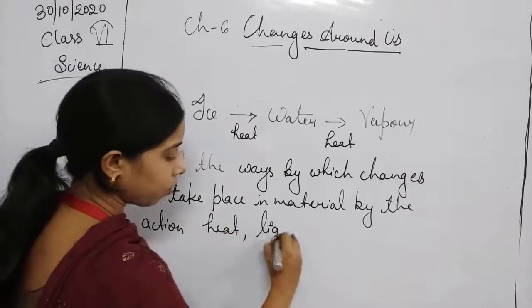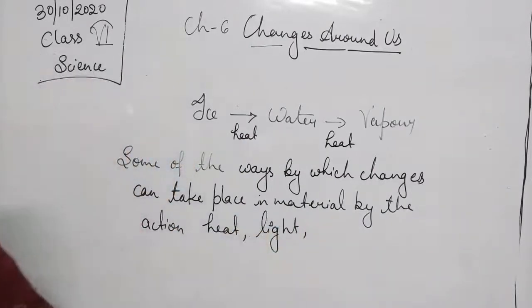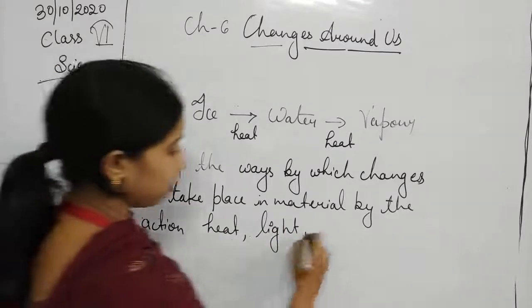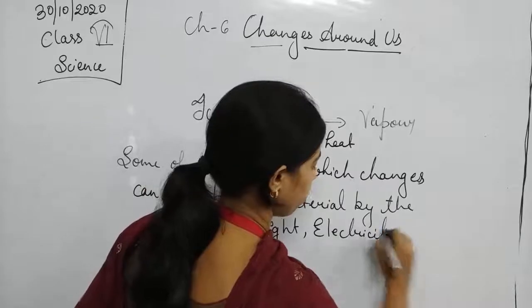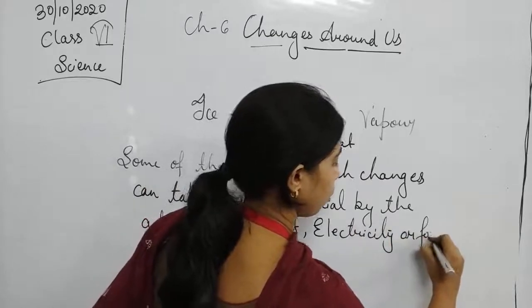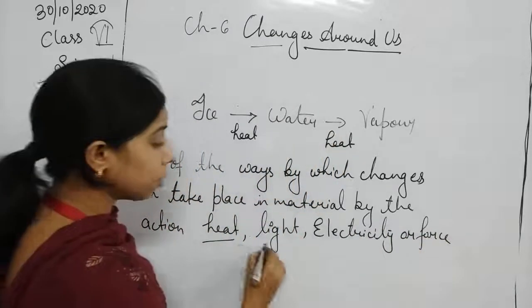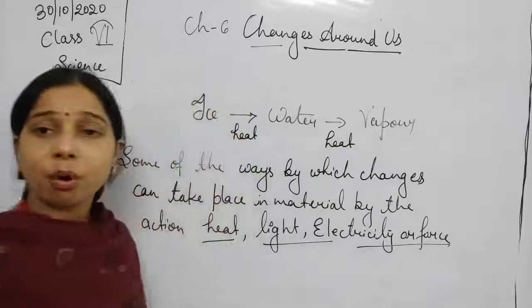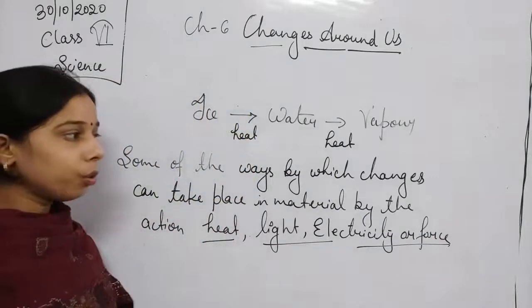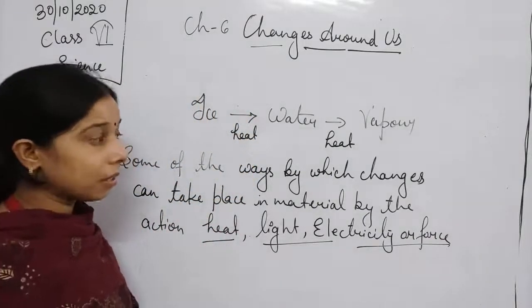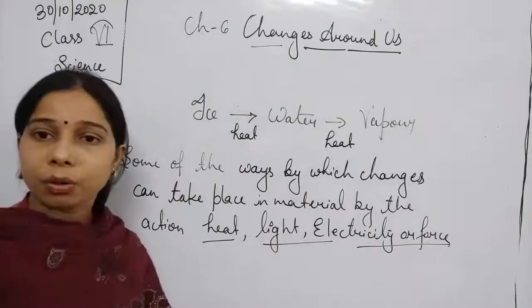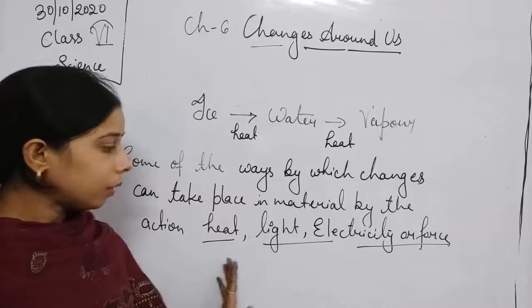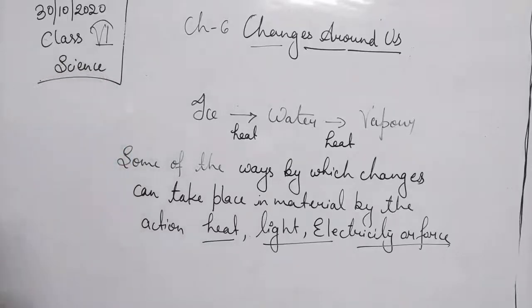Then light is also responsible, electricity is there, as well as force. So these are some of the factors which can change the properties of an object, due to which changes can be seen either in its state, its shape, or its size. So all these things are responsible for the change.